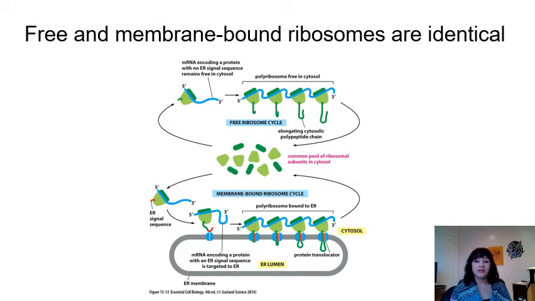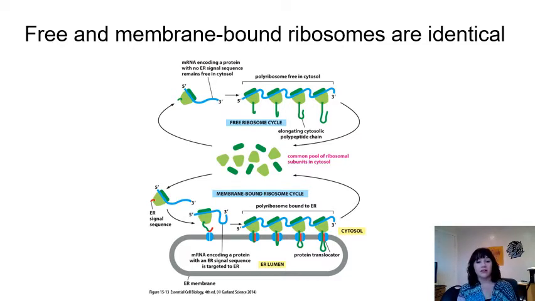A little more detail about ribosomes. So how does a ribosome know whether it's supposed to be on the surface of the endoplasmic reticulum or in the cytosol? How does the protein make sure that it gets made by a ribosome on the surface of the endoplasmic reticulum versus in the cytosol?